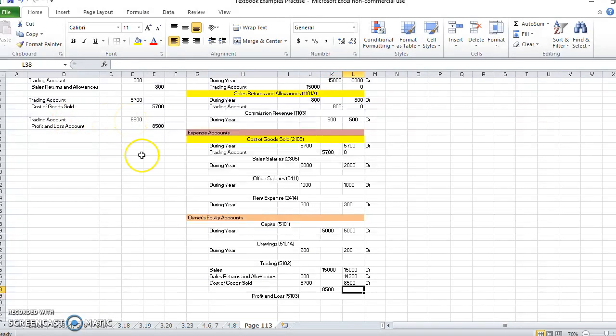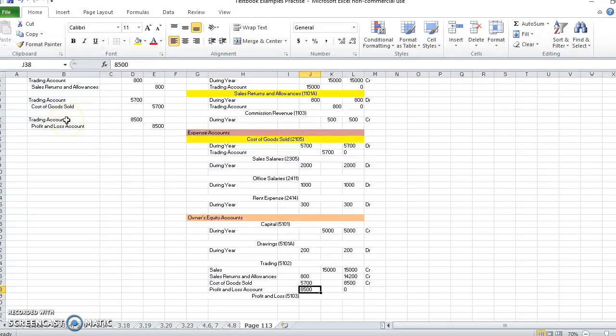Debit trading account, take the previous balance of credit, minus the debit, which will give us 0, and the opposite account was the profit and loss account. So this amount here is our gross profit amount.